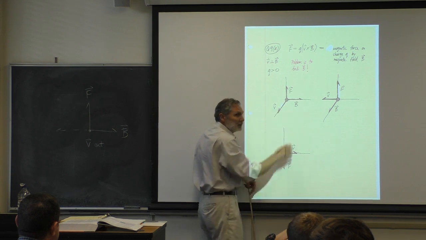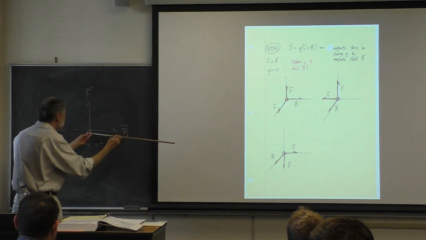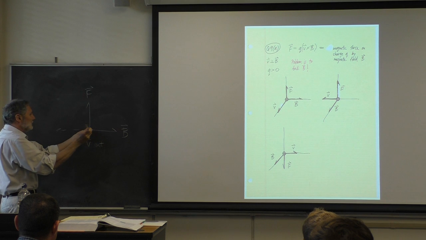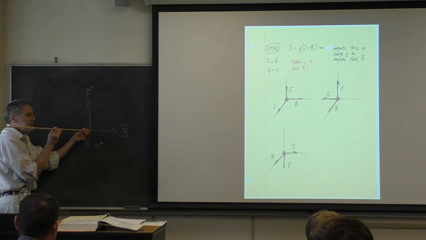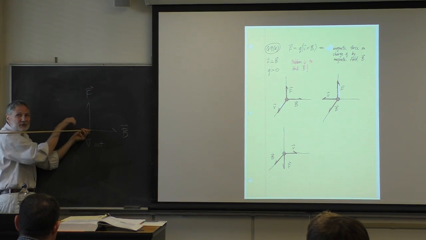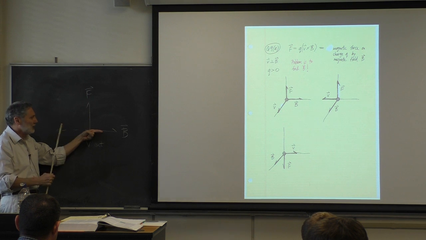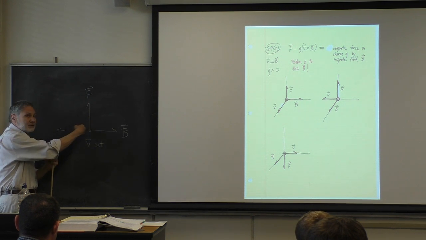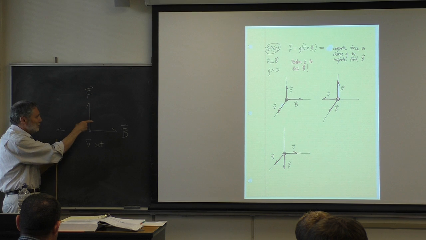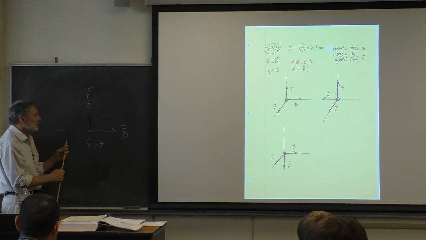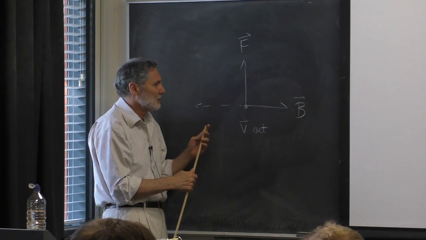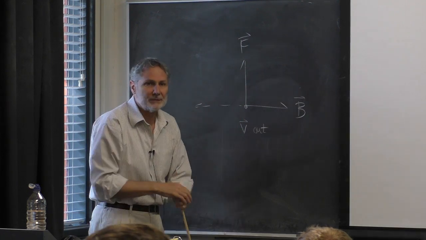It can actually point anywhere in this half of the plane, because you can see that V cross B is always going to give you a force that way. So it could point anywhere like this, not in the other direction though. If B points back in here like that, it's going to flip the direction of F.